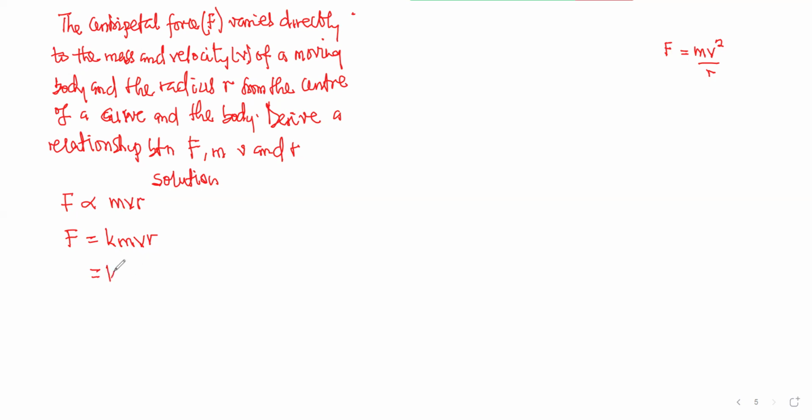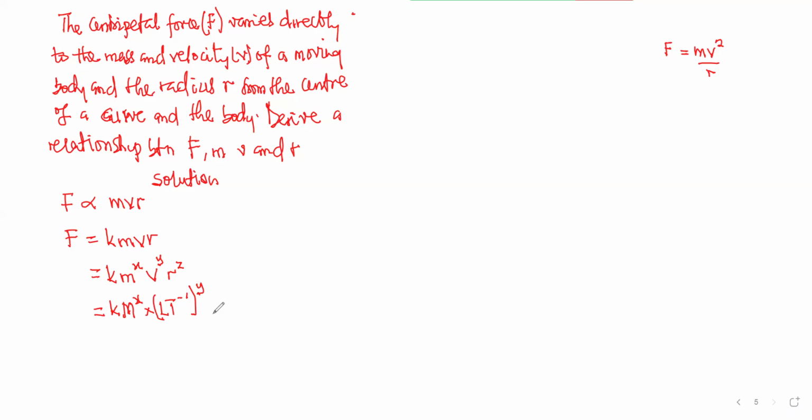Okay, so K times M exponent X, V exponent Y, R exponent Z. As for the lettering, it depends on you. Then we input the dimensions of M, the mass, capital M, exponent X, dimension of velocity L T exponent -1 raised to the power Y, dimension of radius.